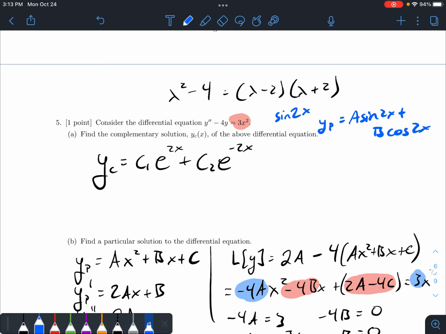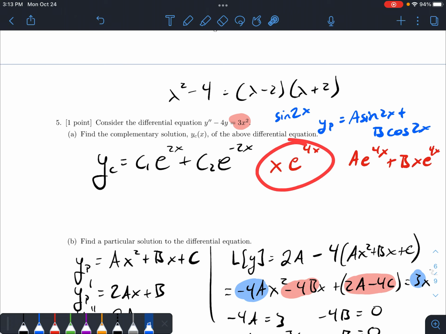If it was e to the 4x, then your y sub p would be a times e to the 4x. If it was x e to the 4x, then it would be a e to the 4x plus b x e to the 4x, because you would have to have this e to the 4x thing right here to accommodate terms that appear in derivatives of this guy.